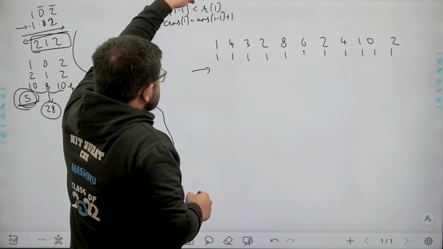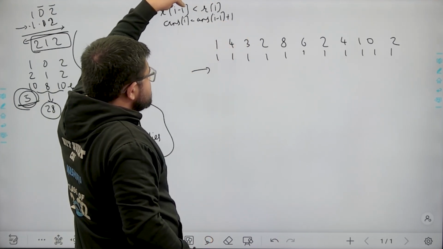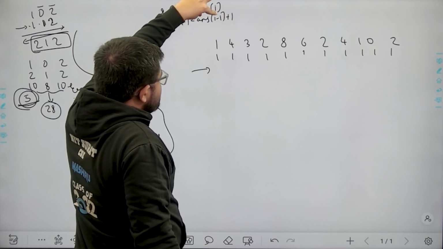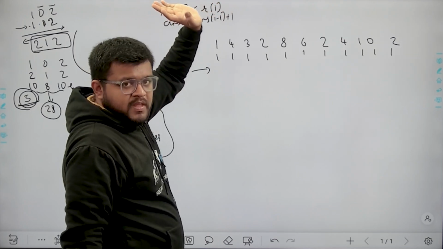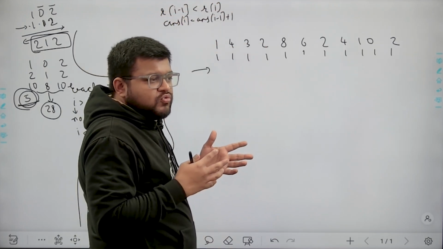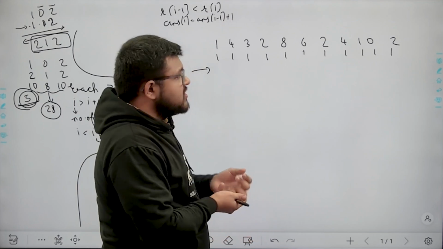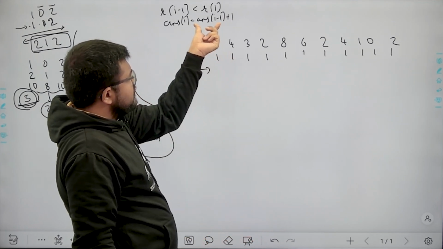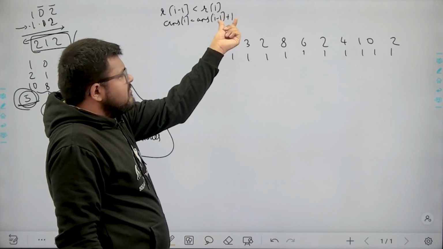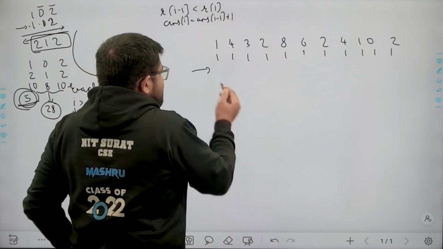Okay. Because I should have more candies than I minus 1. So I will say the number of candies which I minus 1 has plus 1. Why plus 1? Because we want to take the minimum number of candies. So if I want to increment the number of candies over I minus 1, I will increment it by only 1. Okay, and this is the answer array.